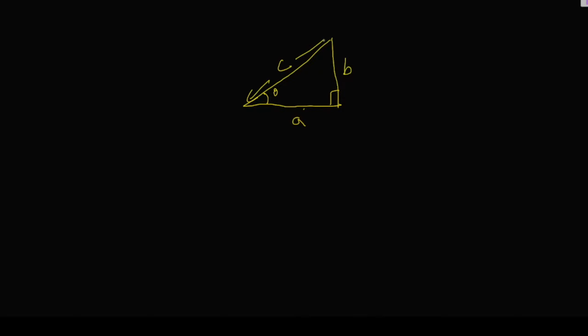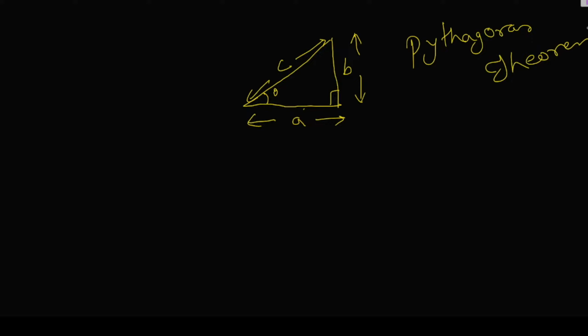These are the corresponding lengths of the sides of the triangle. So we know the Pythagoras theorem, which says c square is equal to b square plus a square. This you might have read previously, which is true for all right angle triangles. What is a right angle triangle? One which has at least one 90 degree angle.